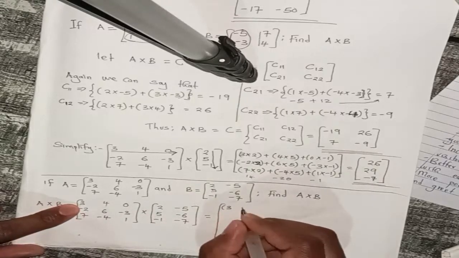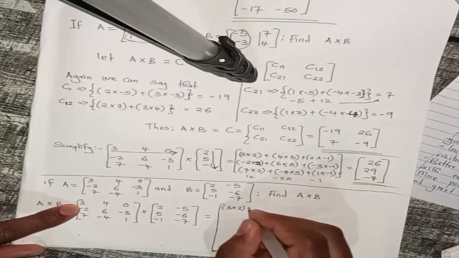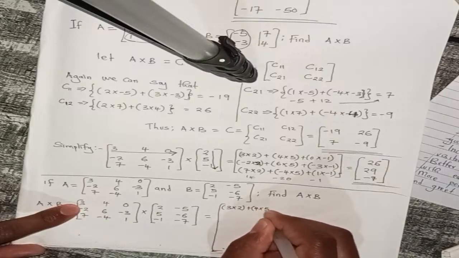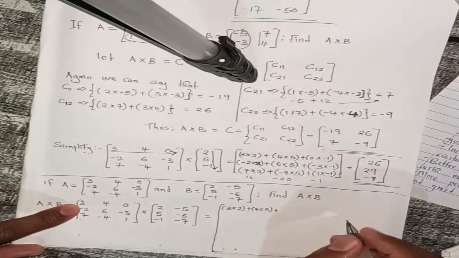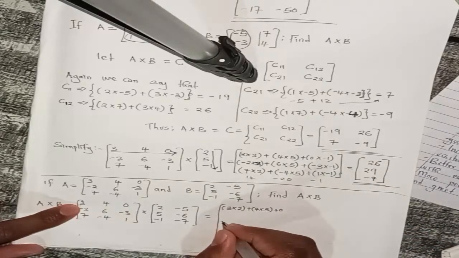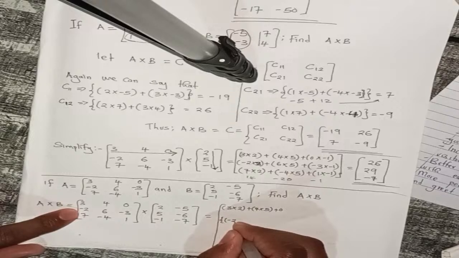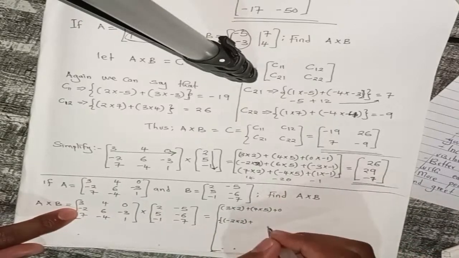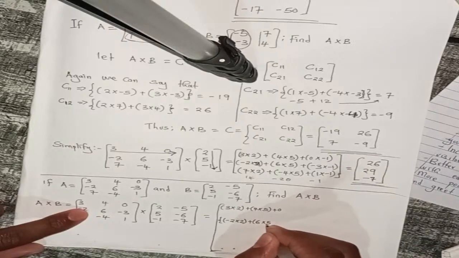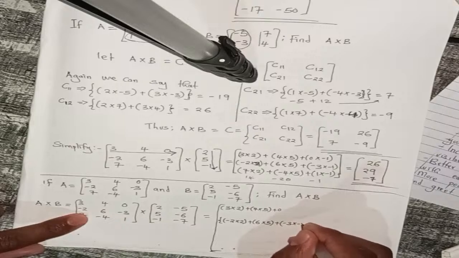So this is 3 times 2 plus 4 times 5 plus 0 times -1. Then we have -2 times 2 plus 6 times 5 plus -3 times -1.